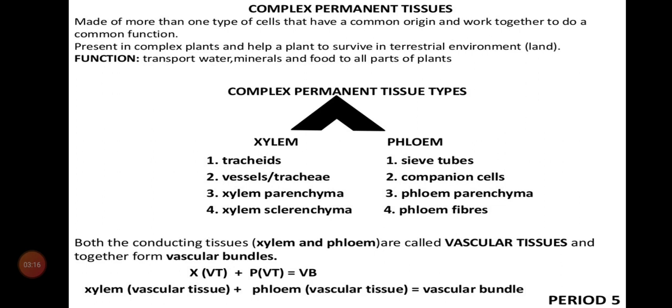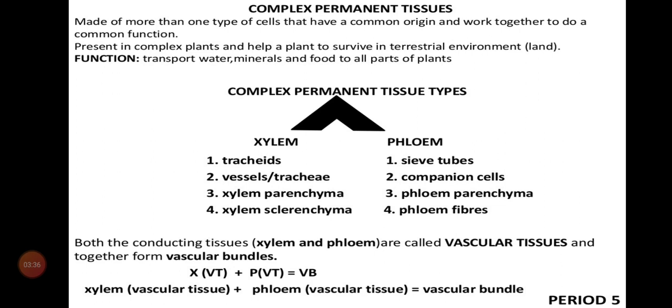That is not the case in marine water, where we cannot see huge trees like that. But in common terrestrial areas we can see huge trees. These huge trees and huge plants possess complex permanent tissues. Is that clear, children?